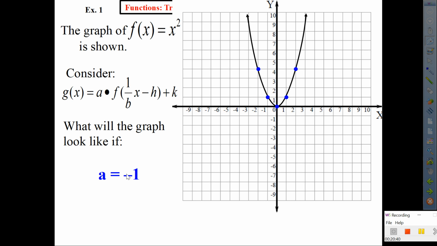So, how about with that negative? What's going to happen? Breathe. Okay? Carlos. It's going to flip. That is correct.